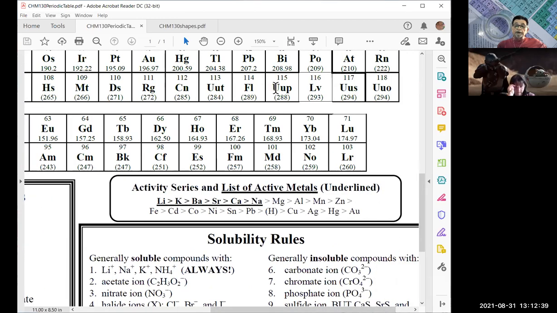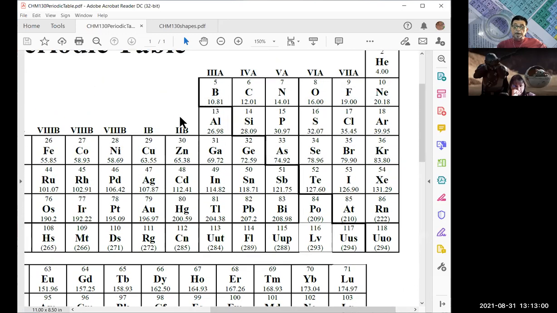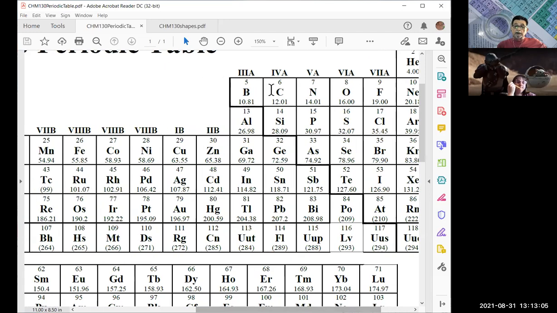But 113, 115, 117, 118 have been created, and they officially now have a name. So we haven't got the updated periodic table at this point, but you can see here that each element has a letter, either a single letter, which is capitalized, or a double letter. If we look at B, which represents what we call boron.